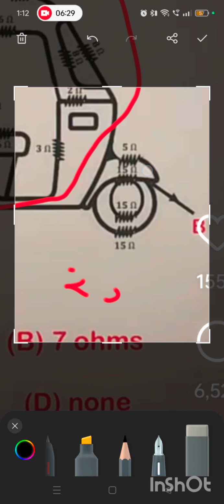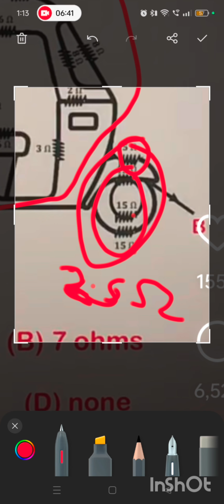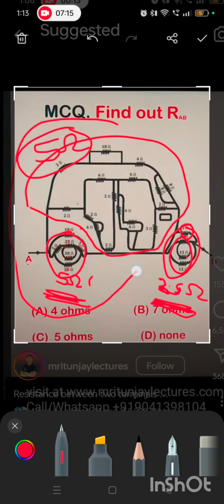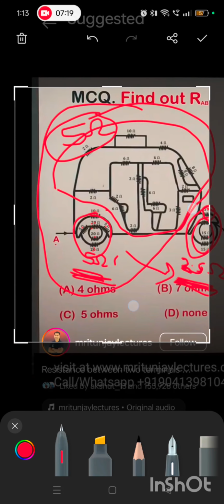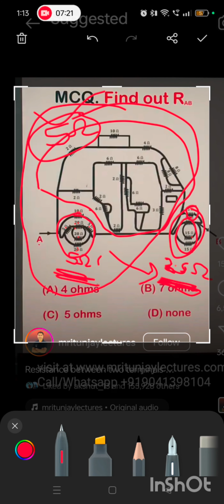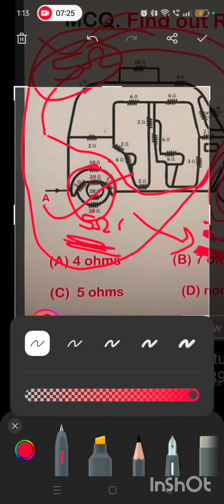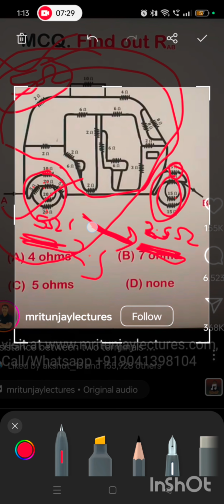This front wheel and cover form 2.5 ohm. This is a parallel circuit which joins into this circuit. So this 5 and this 5 will form 2.5 ohm, which will then join in series.